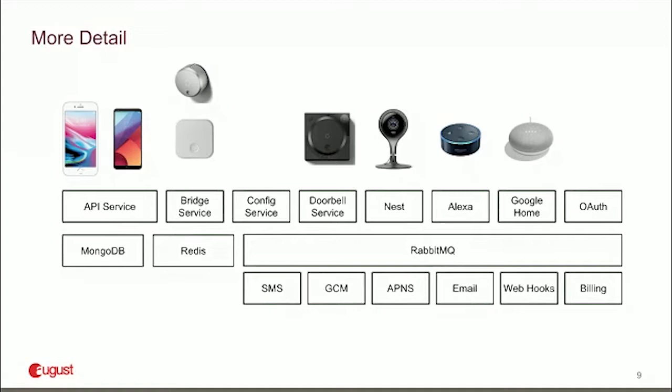Next, we have the Nest service. Nest provides an HTTP streaming API. This is for everyone who has associated a Nest camera with an August lock. The reason people do that is that now, with the doorbell camera, the lock, and the Nest camera, you can get a full story of what happens when somebody comes through the door. You can see them walking up to the door. You can see how they got in. Then if the camera is on the other side pointing at the door, you can see what they did when they came through the door.